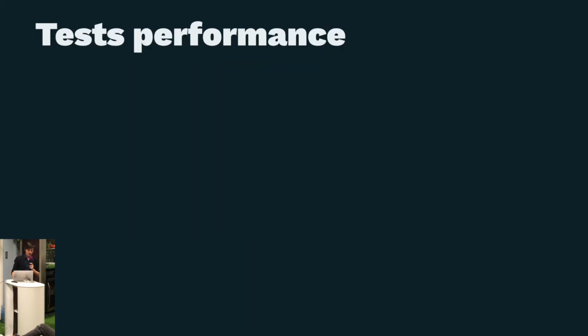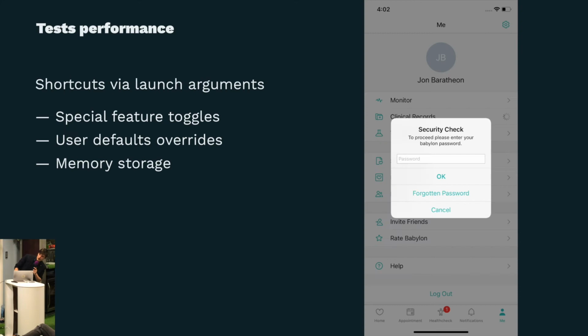Let's talk next about another issue, test performance. Specifically repeating steps in different test cases. For example, as I explained, we have to register a user every time, or in other cases, when we have a security check in the application. So every time a user accesses clinical records, we need to ask them for a password.